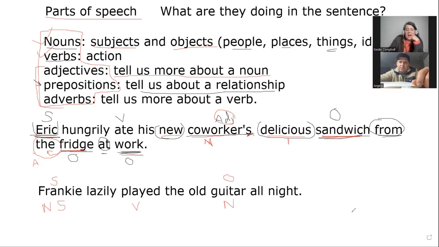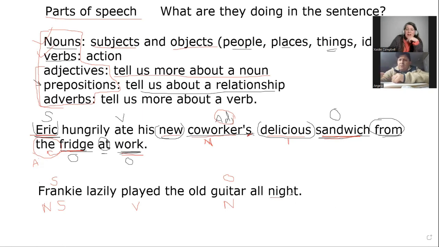Do we have any other nouns in here or any other kinds of objects? Things, ideas. No more nouns?